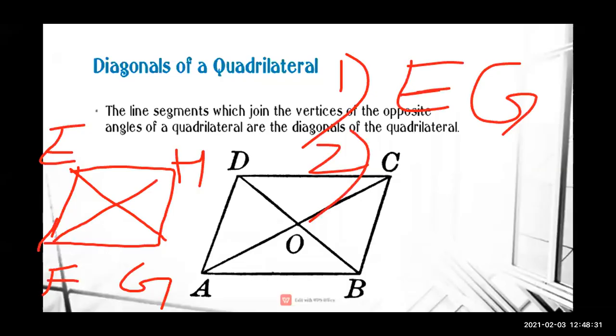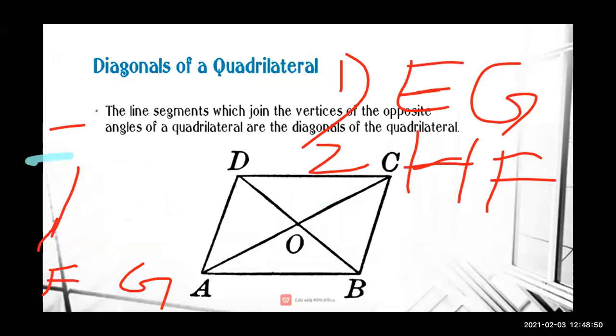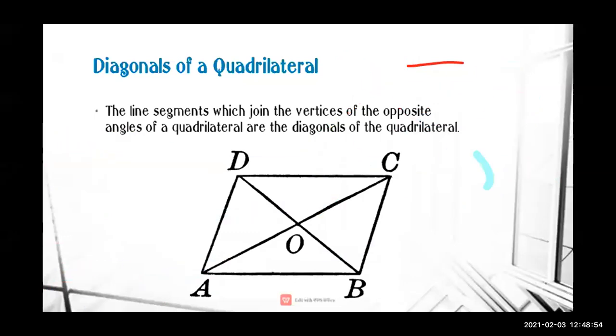Very nice. And my second diagonal is HF. Clear? So there are two diagonals, EG and HF. These are the diagonals of a quadrilateral. We will learn the next one.